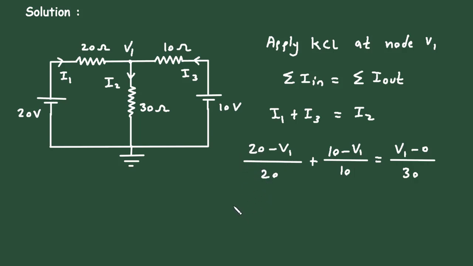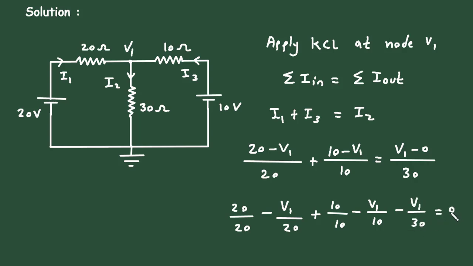So this will be 20 divided by 20 minus V1 divided by 20 plus 10 divided by 10 minus V1 divided by 10 is equal to V1 divided by 30. Taking this on the left side, it will be minus V1 divided by 30 is equal to 0.